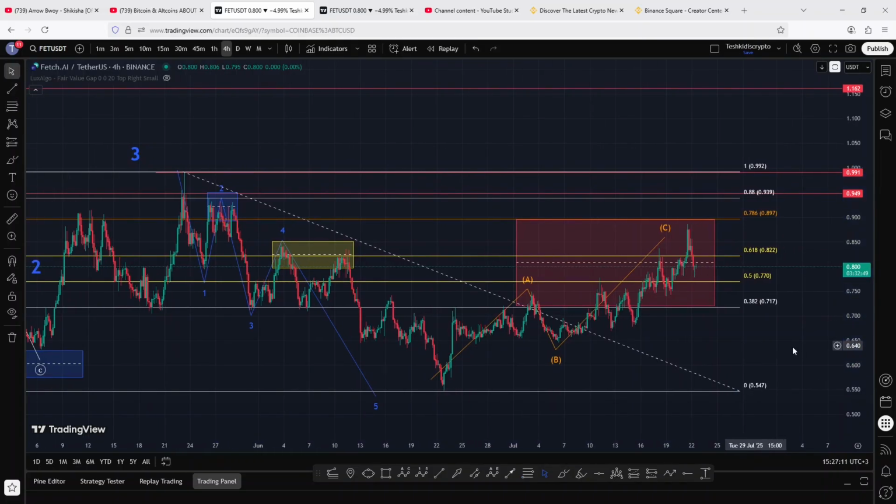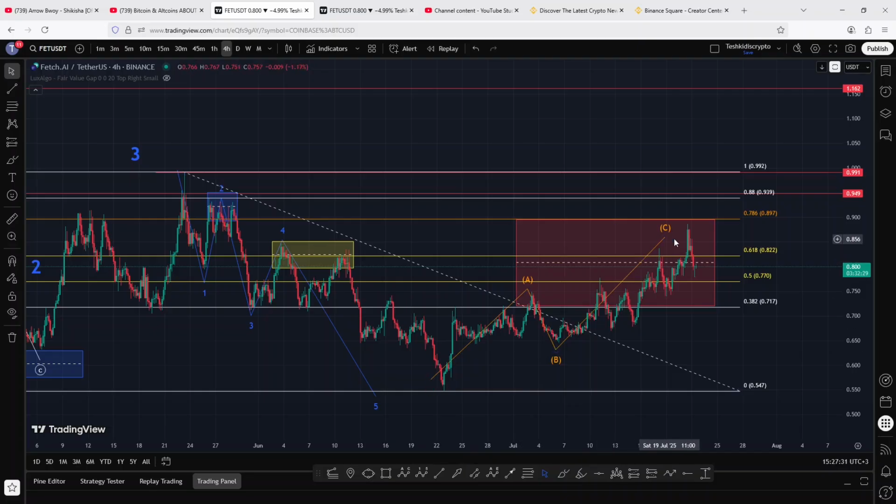And on so doing, you can see that the area lies between the fib level 0.78 and the fib level 0.382. And this was an area of interest because we had seen a 5-wave structure to the downside, and I was therefore expecting a bit of a corrective bounce to the upside in the next coming days.